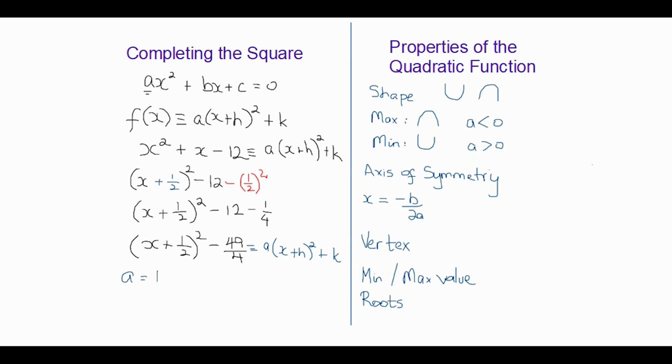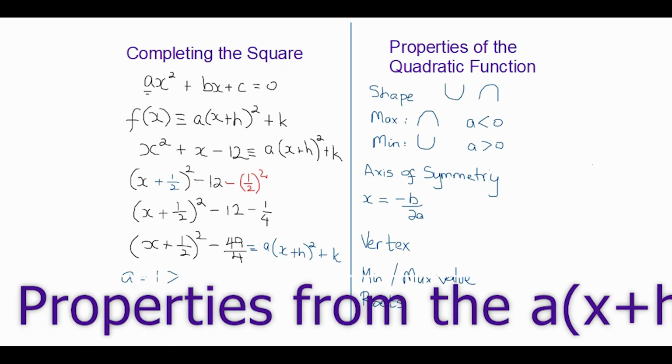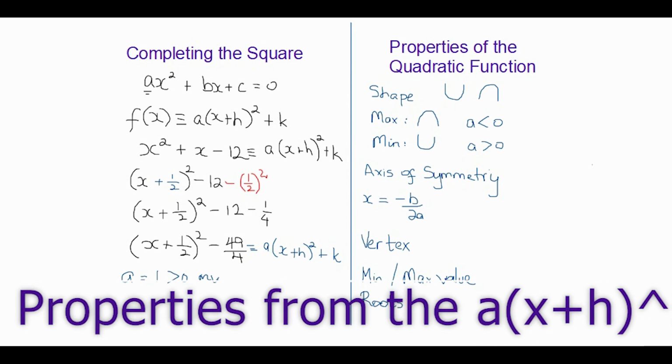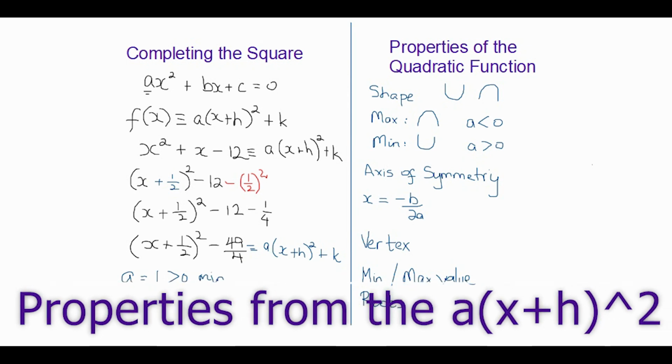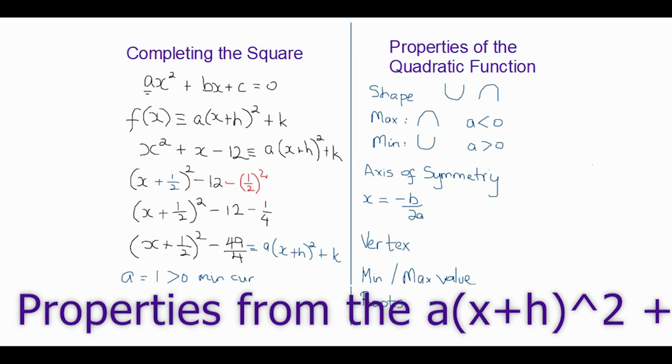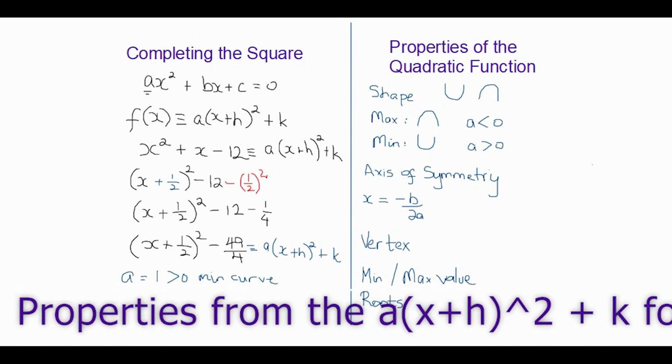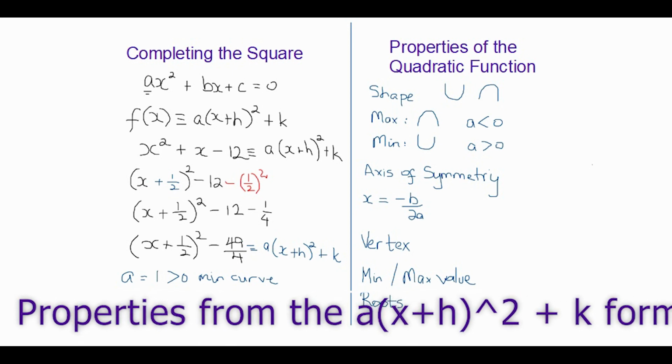Now, we know from before that the value of a usually tells us the shape of the curve, whether it's going to be that U-shaped curve, or it's going to be the upside down U-shaped curve. And based on the value that we've gotten here, this indicates to us that we have a minimum turning point or minimum curve. Alright, so this is a minimum curve simply because a is greater than 0. So we have a minimum curve, and that's our first property down. We now know the nature of the curve.